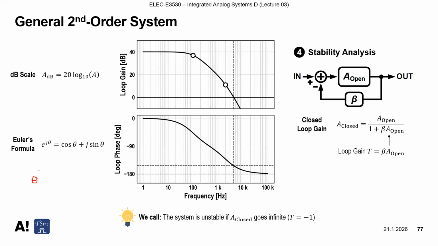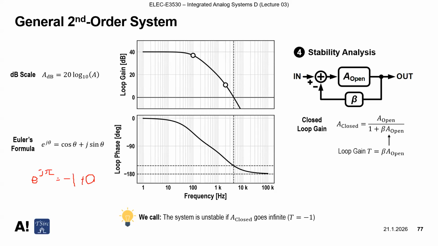e to the power of j pi. So 2 pi, as we have discussed in our clock playground, means one rotation, right? 360 degrees. And pi means 180. So for pi, e to the j pi plus 1 goes to 0, that is e^(j pi) = -1.